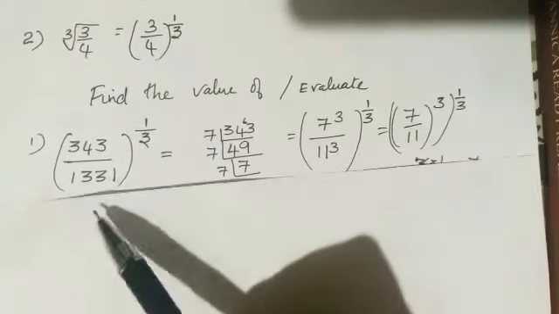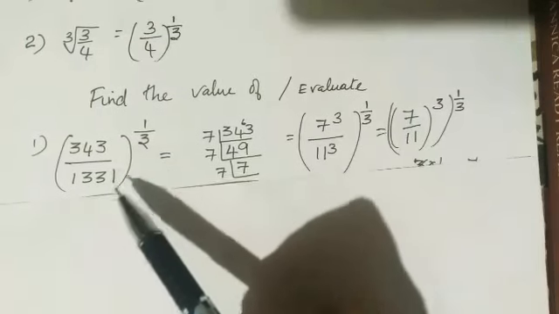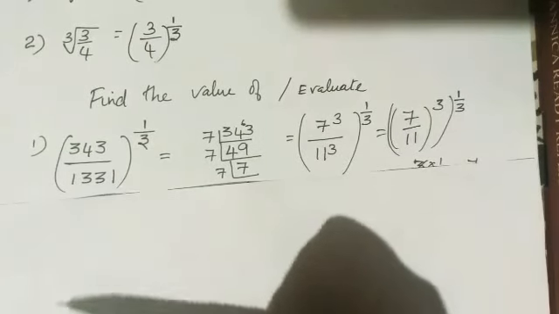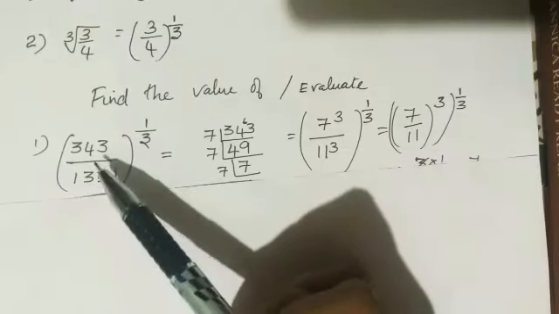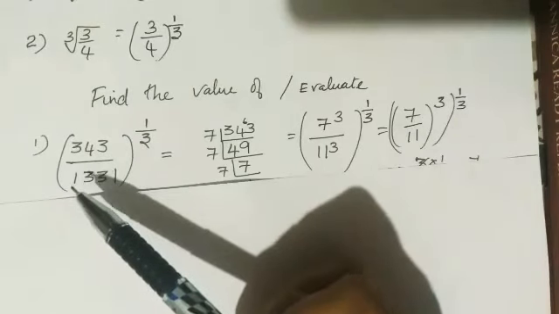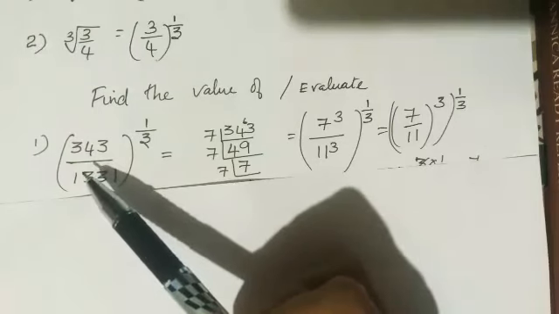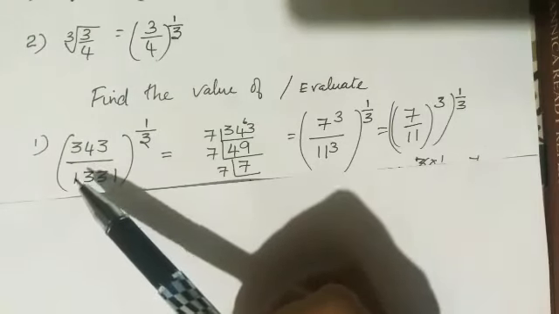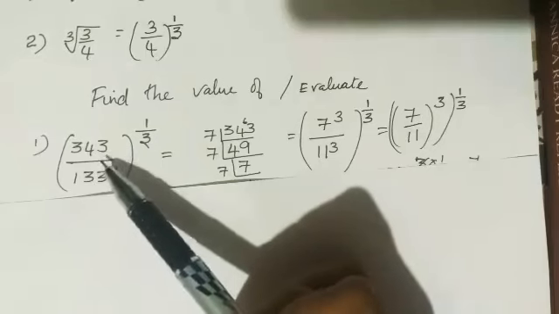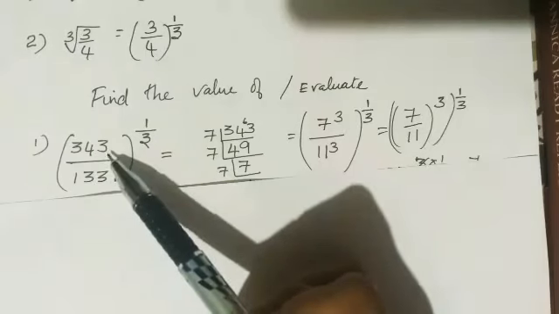For example, first problem here is 343 divided by 1331. In such cases, we are going to deal with bigger numbers. Okay, 343 is a multiple of which number? Let us take some divisibility tests. This is not an even number, so it is not divisible by 2.